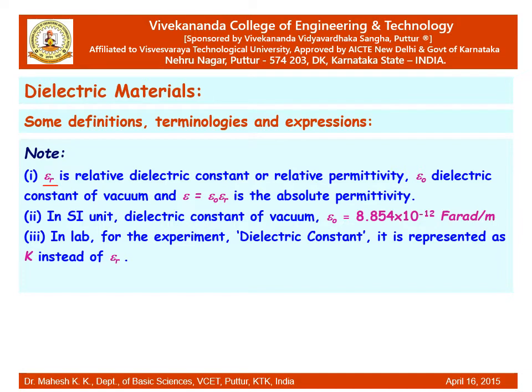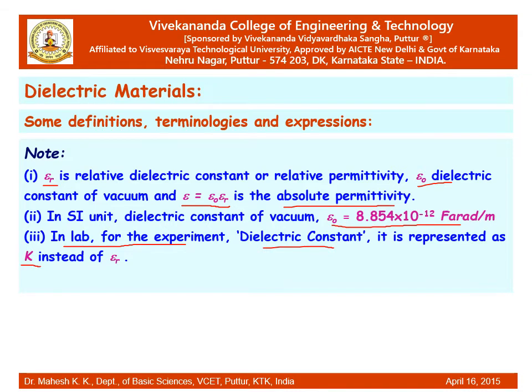Here it is written as epsilon naught, and epsilon r is the dielectric constant, and then epsilon is equal to epsilon naught times epsilon r, the absolute permittivity. As we saw in the previous slide, epsilon naught is equal to 8.854 into 10 to the power minus 12 Farad per meter. And I have also explained that in the lab experiment, the dielectric constant is represented as K instead of epsilon r.